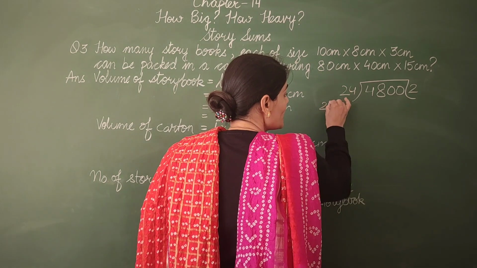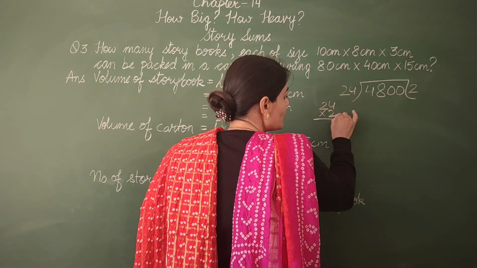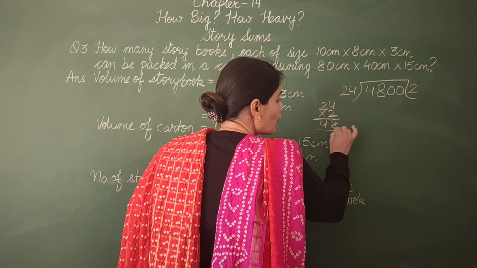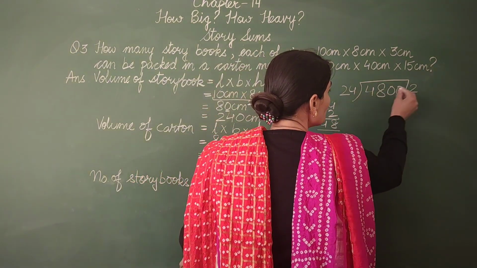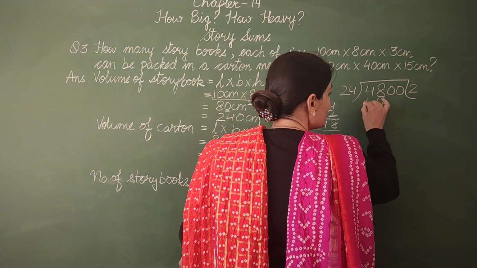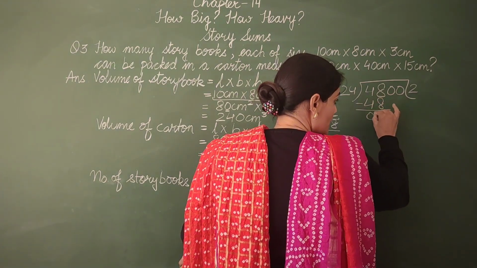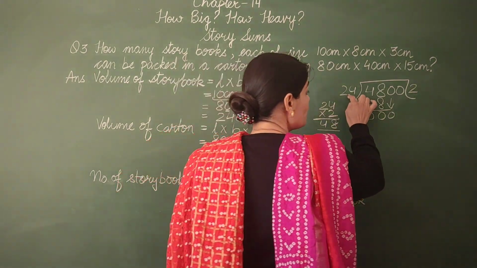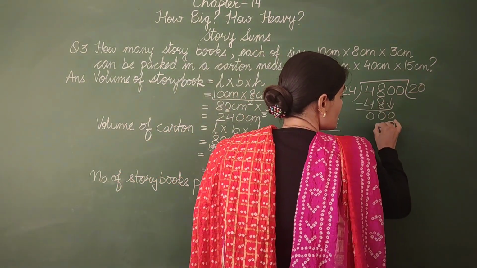So let's multiply. How much is 24 2s? 2 times 4 is 8 and 2 2s are 4. So 24 2s are 48. I get 0 here. I bring down the next 0. So 24 zeros are 0.